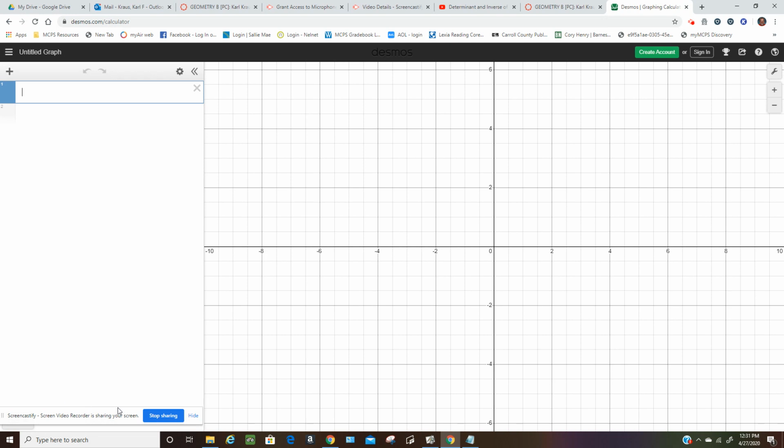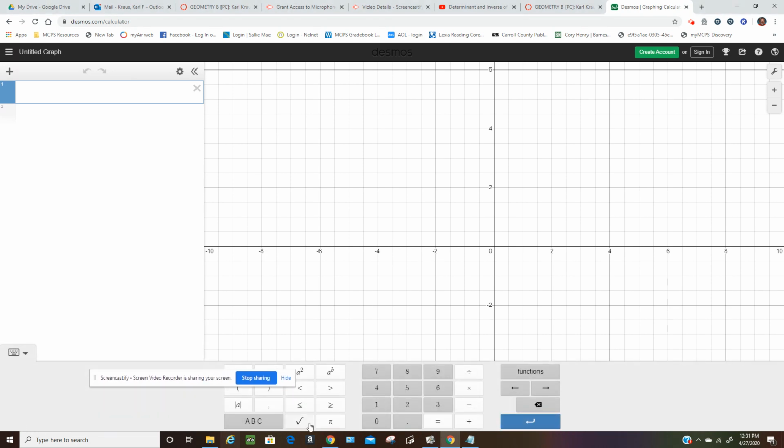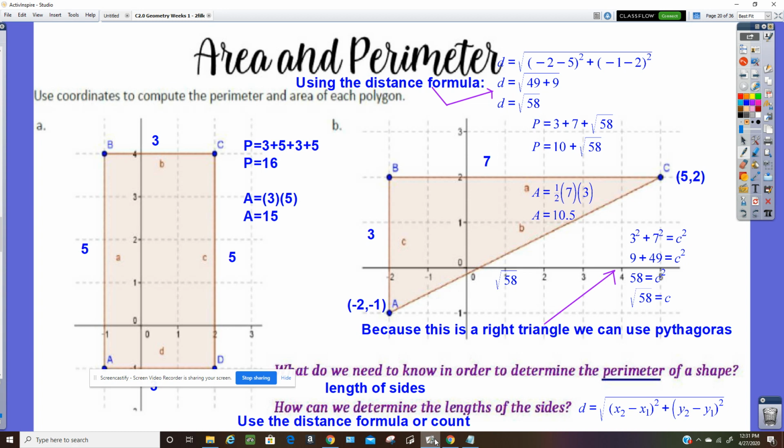So I want to go to the keyboard, 10, and then plus square root 58, and it's approximately 17.6.